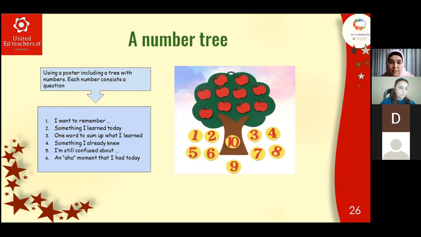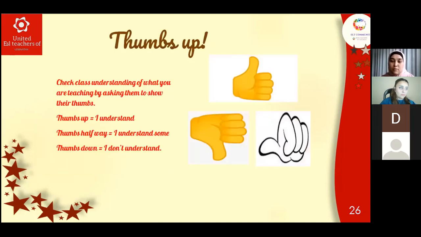So yes, that is the last activity, I guess, that I'm going to explain to you. One of them is also thumbs up, and you can find many kinds of these activities to do some assessment on the internet. One of them is to check the class understanding of what you are teaching by asking them to show their thumbs.